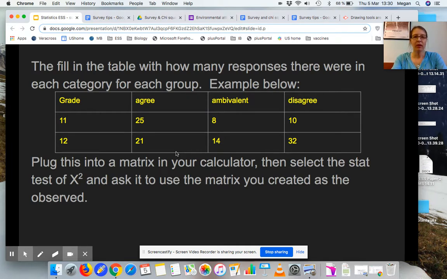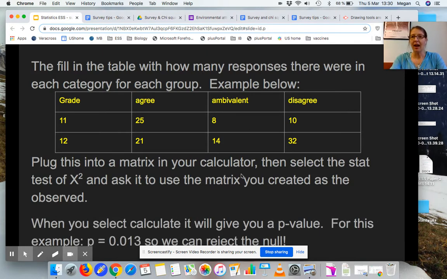Then that window is going to ask you which matrix you want to use for observed. If you put your numbers into matrix A, you would put in A. Then you ask it to calculate. When you hit calculate, magically, it'll give you a chi-square value, and it will give you a p-value. The p-value is what we need, and that's what we're going to report.